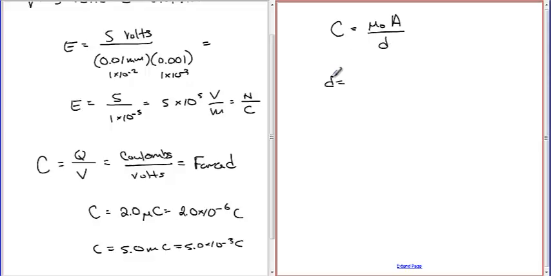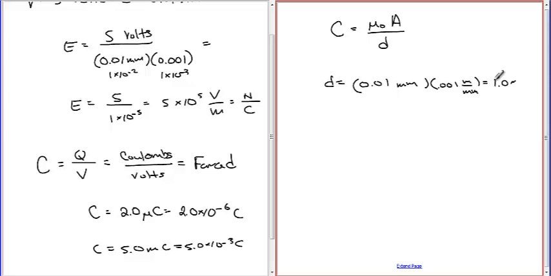So let's just use the same distance as our previous problem. So the distance, we said it was 0.01 millimeters, and we had to multiply by 0.001. That's the number of meters per millimeter.